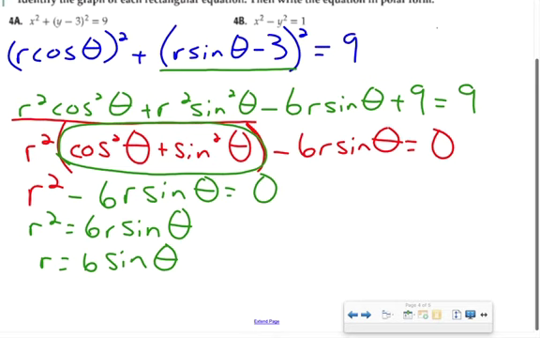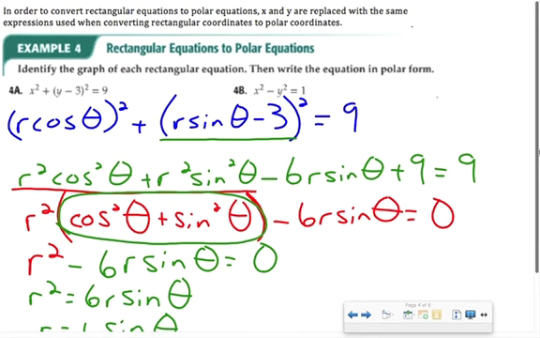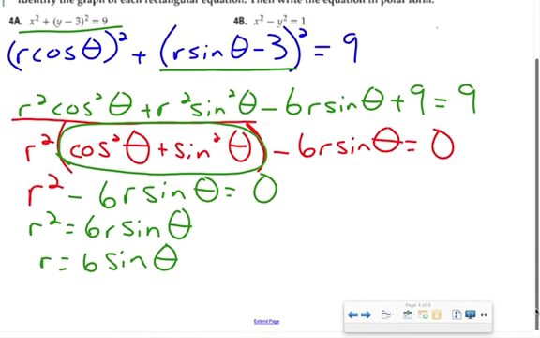And then they're asking us to identify the graph of the rectangular equation. So back here, we just finished this stuff, that is a circle. So that means that in the polar grid, this would also be a circle. You might want to pause your video to get this all down so that I have room to do part B.